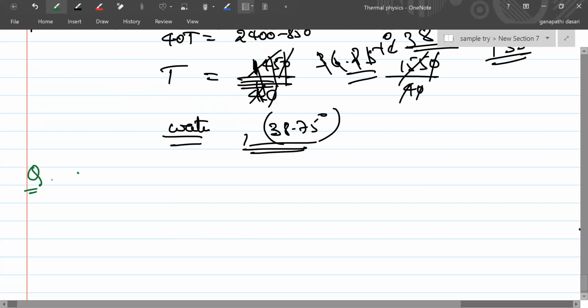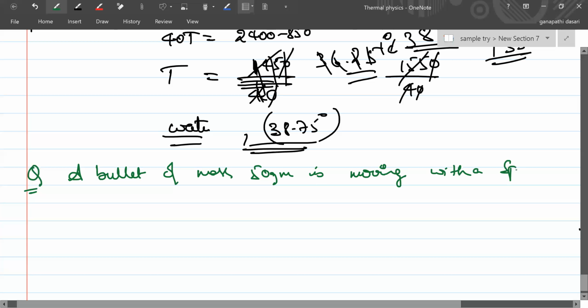Then another question. A bullet of mass 50 gram is moving with the speed of 200 meter per second.